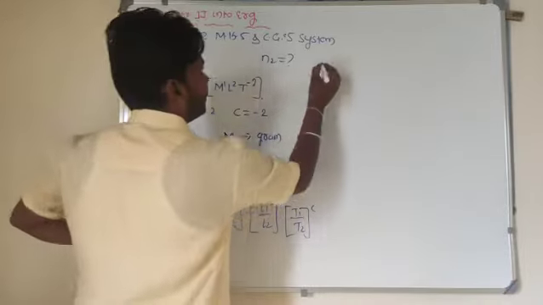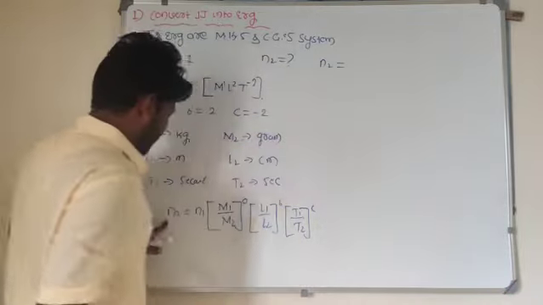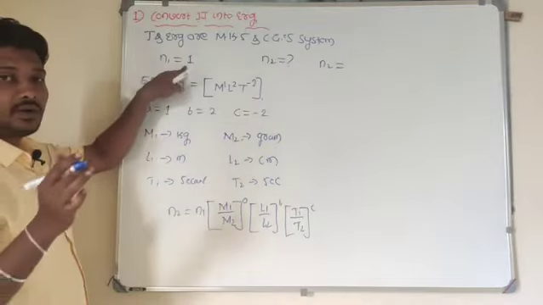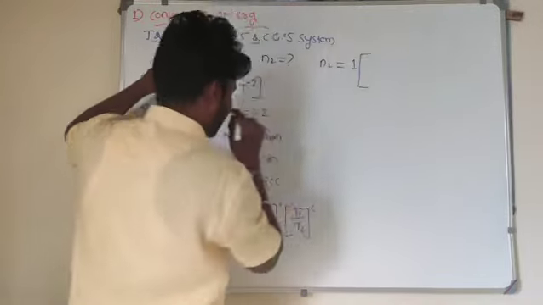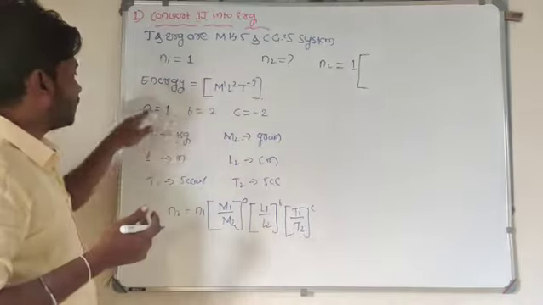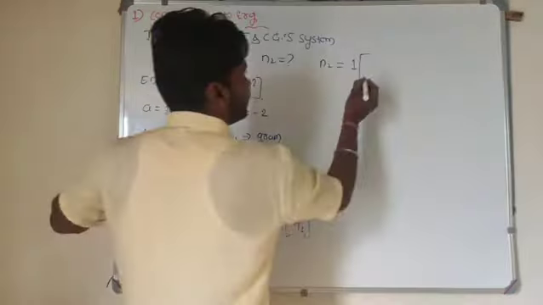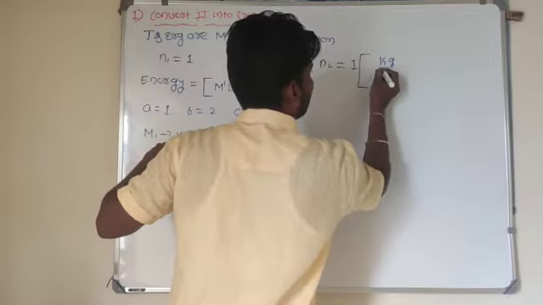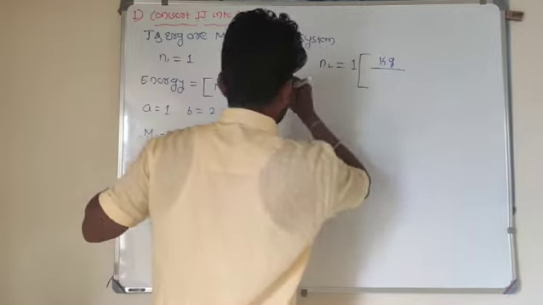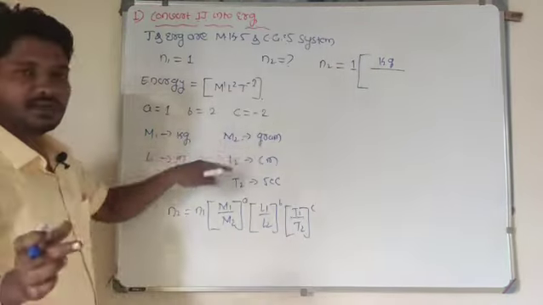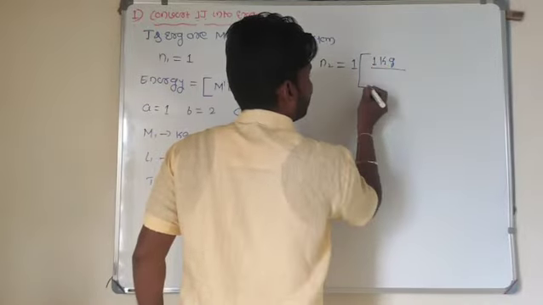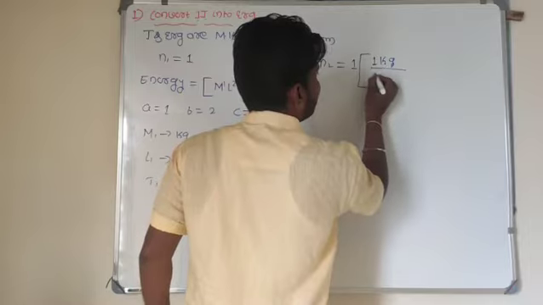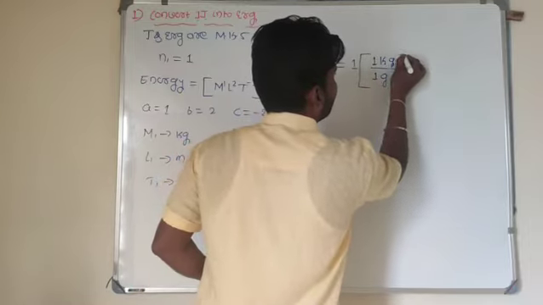So I will fill the value now. N2 is equal to N1, and N1 is 1 here. M1, so mass M1 is in terms of kg here, and M2 is in terms of gram only. So it is 1 gram.